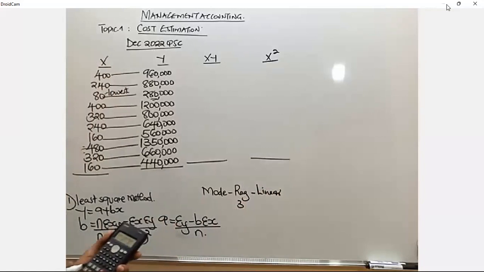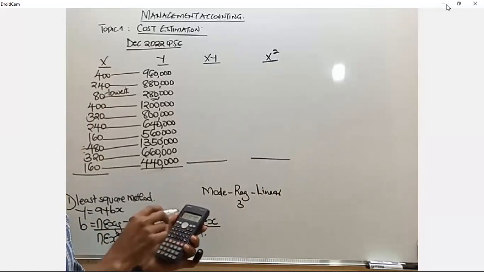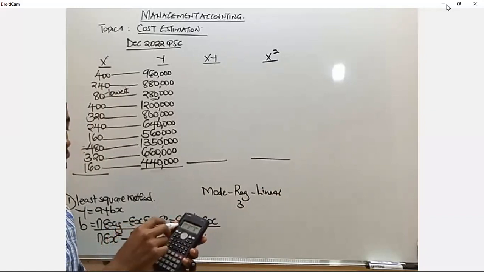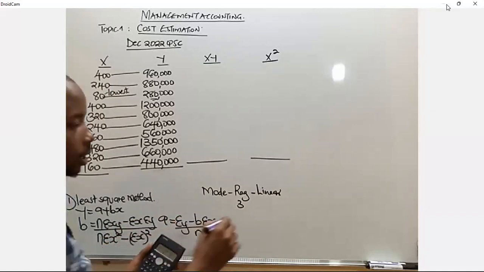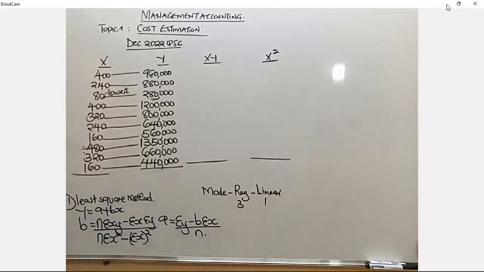So I press 3, then linear, then we have log and exp. In this case, we are interested in linear, so I press 1 on my keyboard. Your calculator will display reg on the top of your screen.